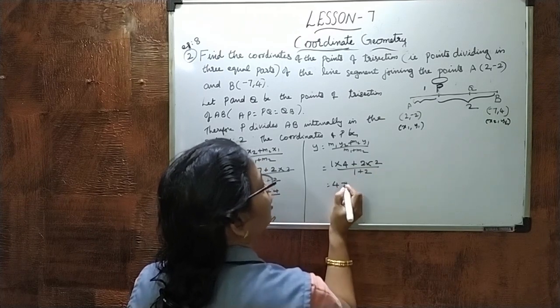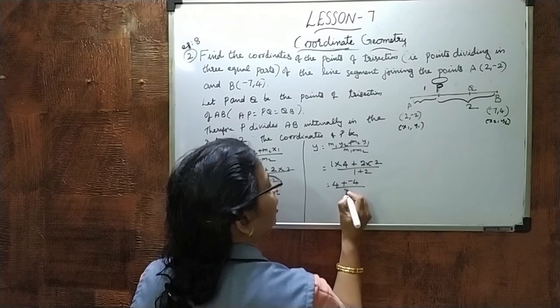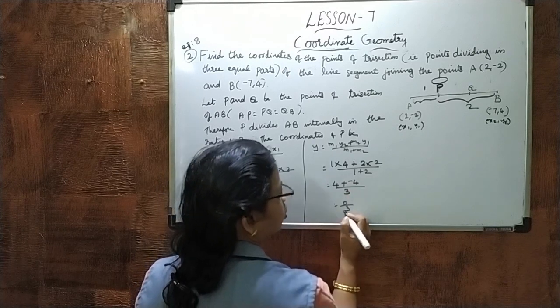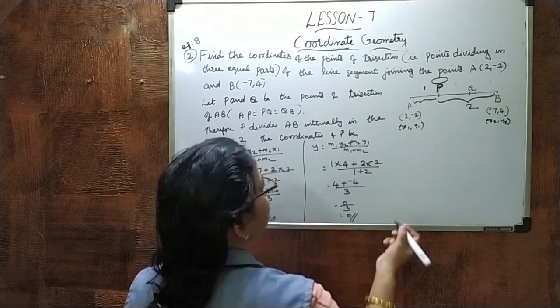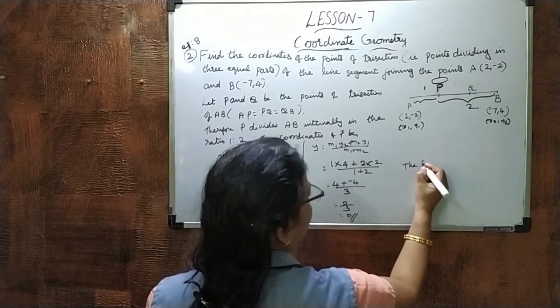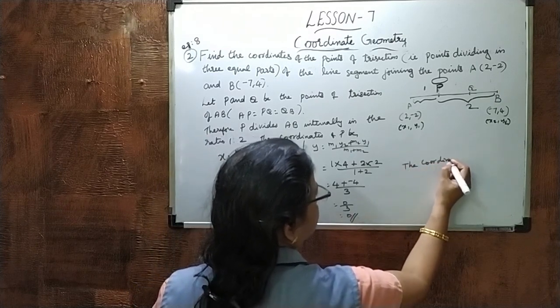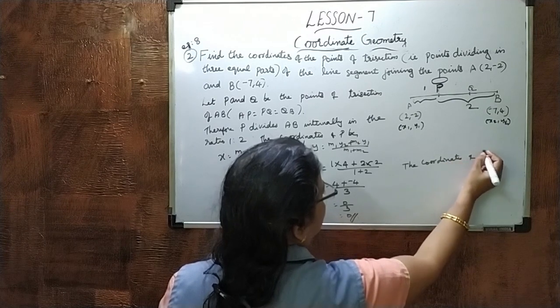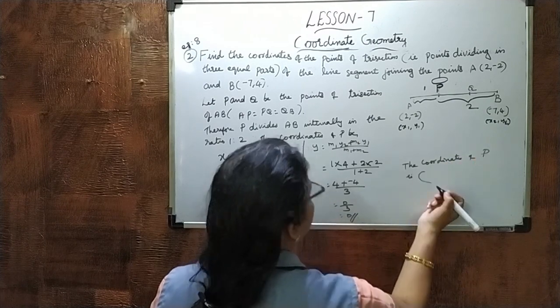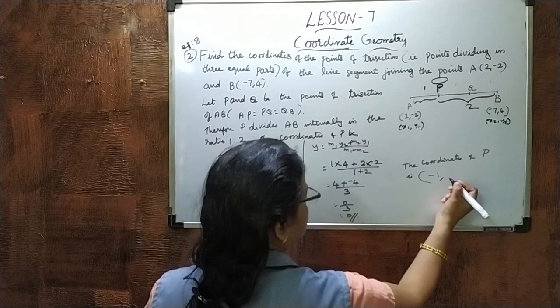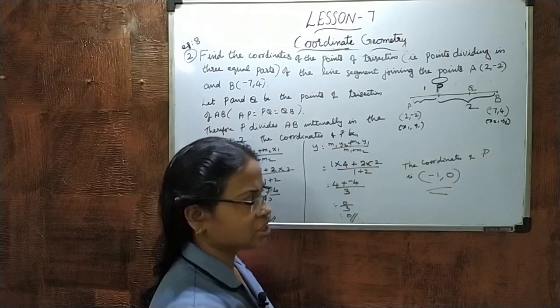It is 4 plus negative 4 divided by 3. You will get 0 by 3, so the answer is 0. So the coordinates of P are (negative 1, 0). Coordinates of P you got.